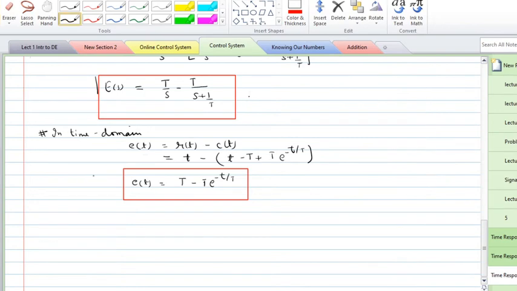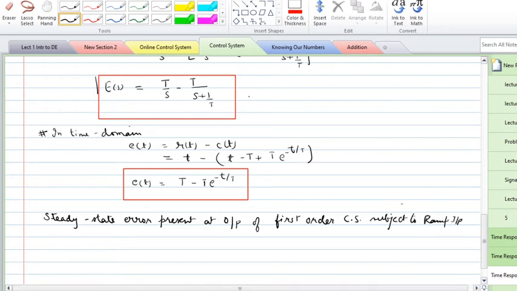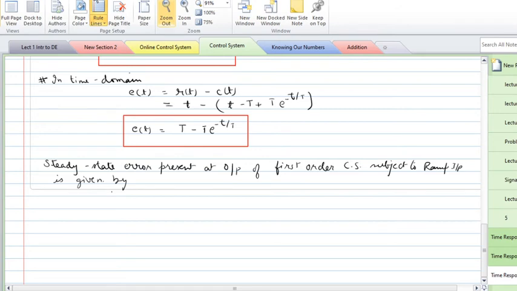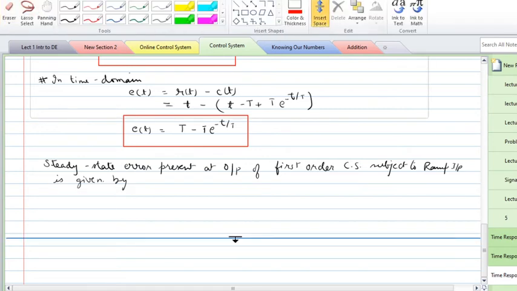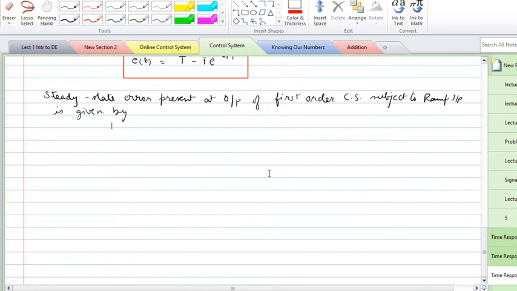So if we see the steady state error present at the output of a first order control system subjected to ramp input is given by, again you can use any of the methods, that is you can use this time domain or frequency domain method.